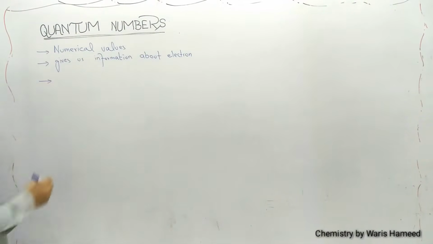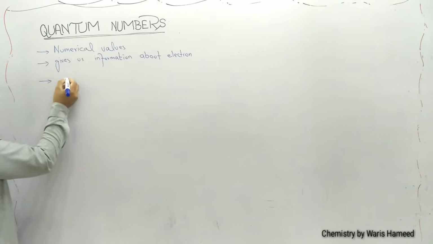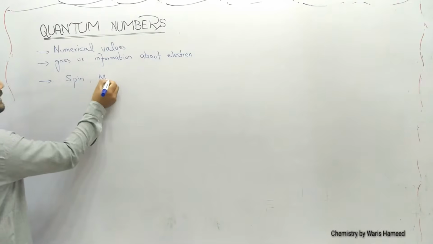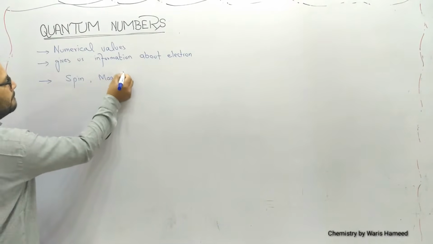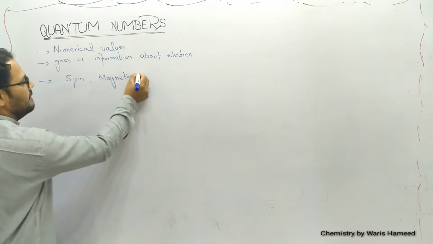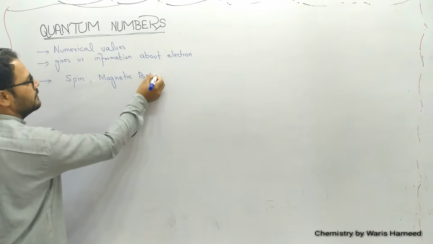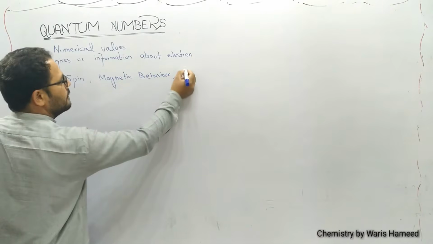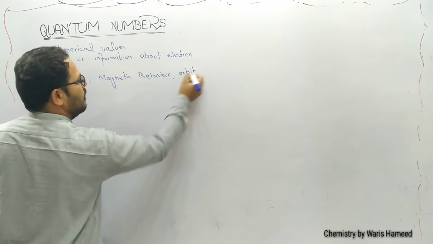We can find the spin of the electron, magnetic behavior, orbit and orbital.